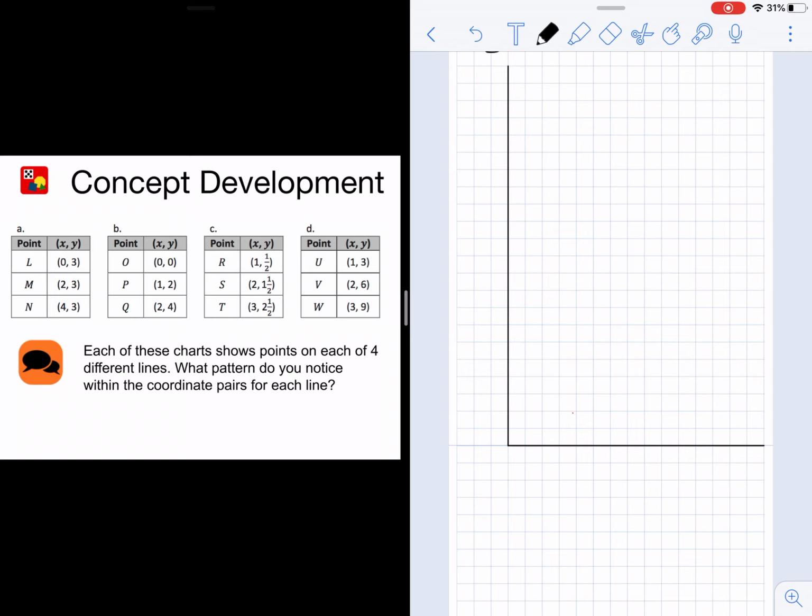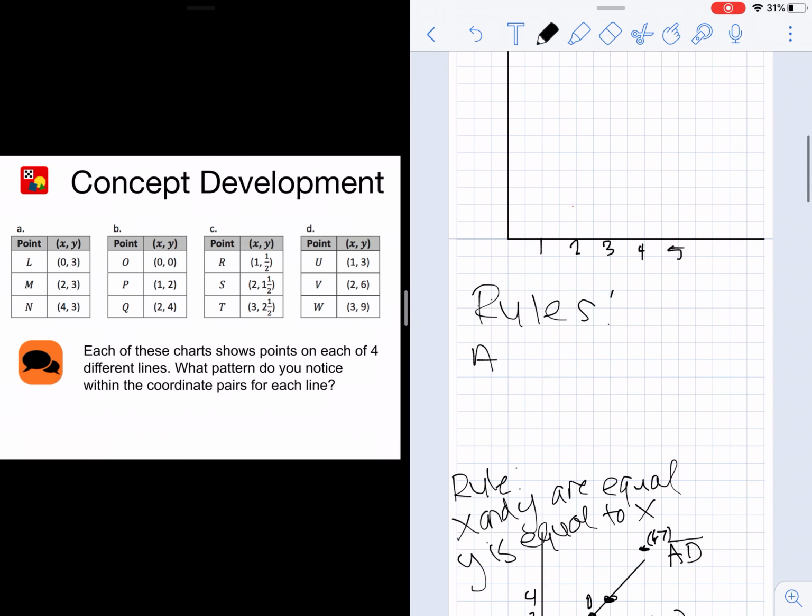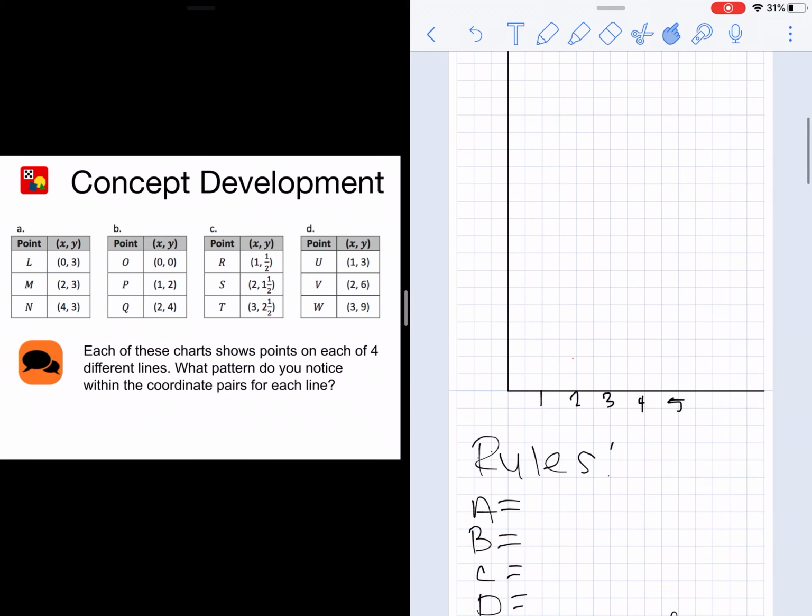So half, 1, 2, 3, half, 4, half, 5. You're going to do that all the way up here until you get to 9. Go ahead and graph these points, and then for A, B, C, and D, you're going to write the rules. That is the rest of your problem set for today. And then you will move on to your exercise.